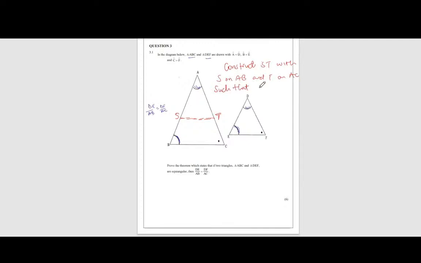we know that our AS must be the same as the DE, and the AT must be the same as the DF. So that's going to be the first statement we make.